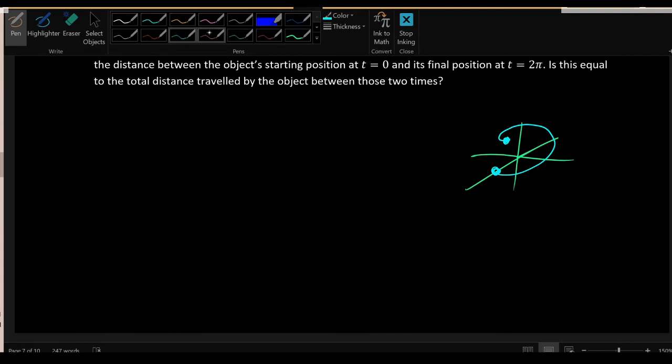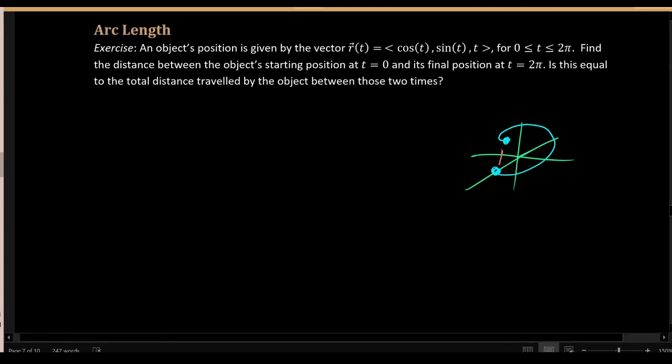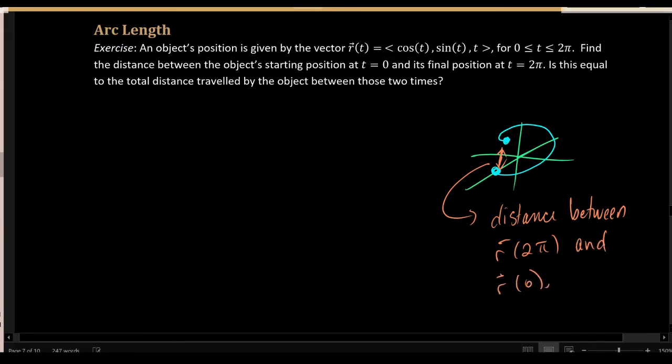So the distance between the object's initial and final position is measured by this straight orange line segment. Distance between the output of the function at 2 pi, the final time, and the output at 0, the initial time.